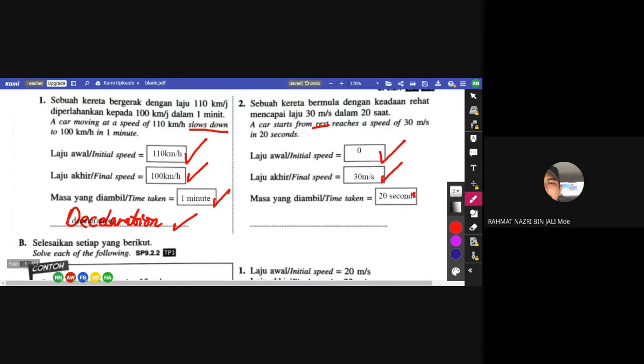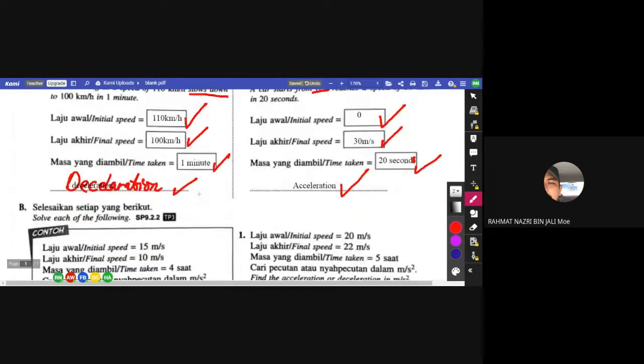Got S, seconds. And then does this car decelerate or accelerate? We have the final speed higher than the initial speed, so we can say that this is an acceleration situation. Okay, correct.